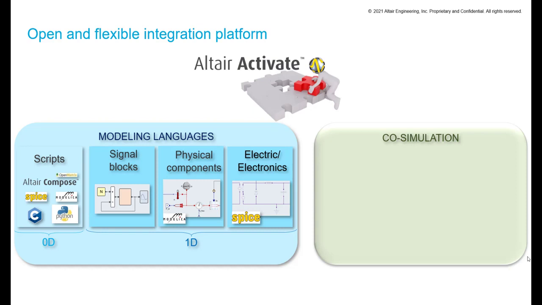So this would be utilizing signal blocks for the connection of signals between blocks, creation of a signal, using those values entering as input into another block, output another value, and so forth. Also physical component modeling using Modelica, and electrical and electronics using our set of SPICE blocks as well.